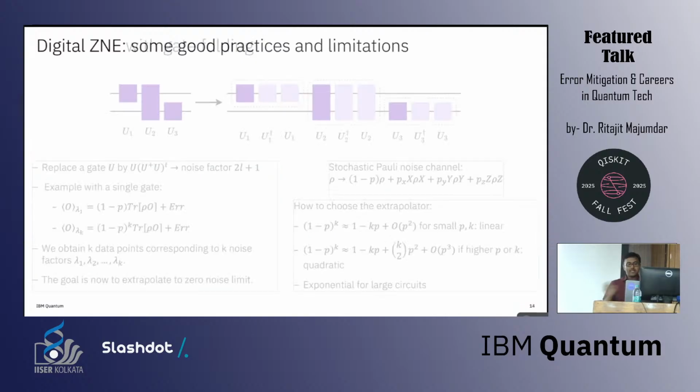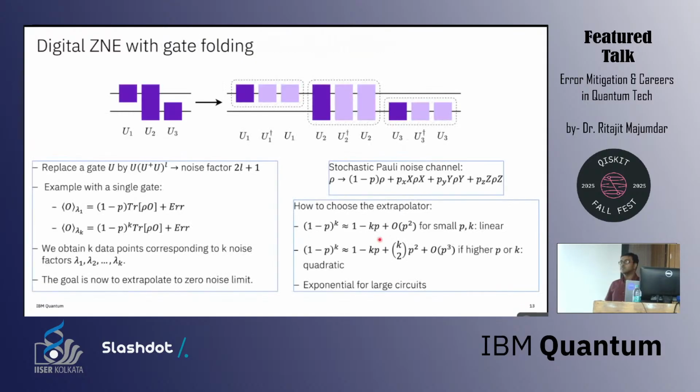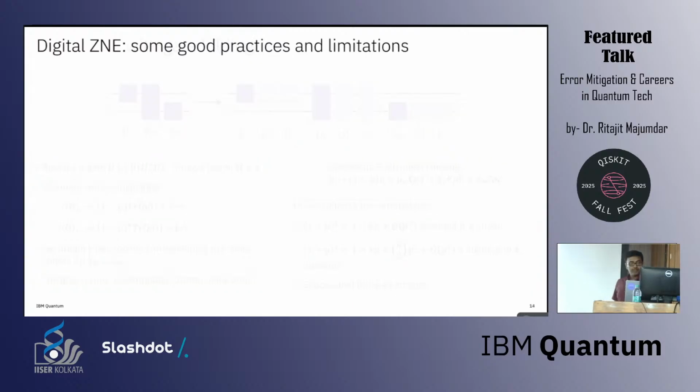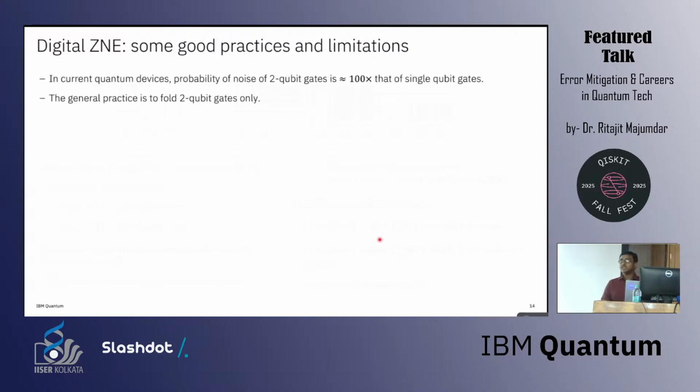So as you see, this is all about ZNE, and you can understand this is a very simple error mitigation strategy, and it's very intuitive how it works. It's very easy to implement. But there are certain good practices and limitations for this. The first good practice, done in IBM devices, is, as I said, that the 2-qubit gates are often 100 times more noisy than the single qubit gates.